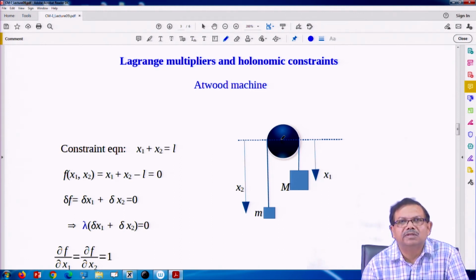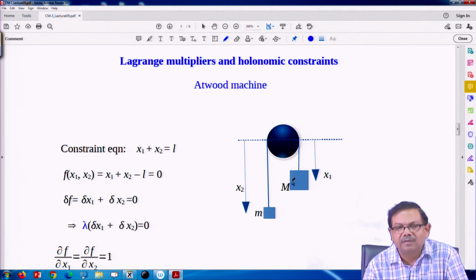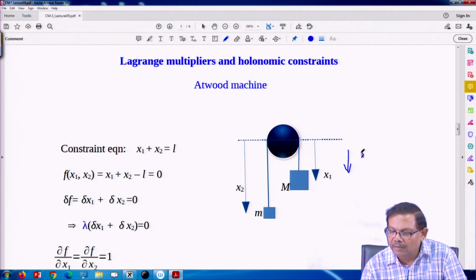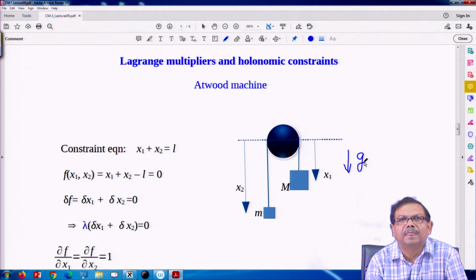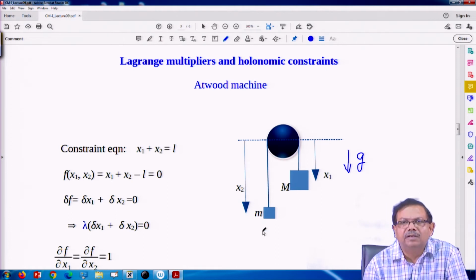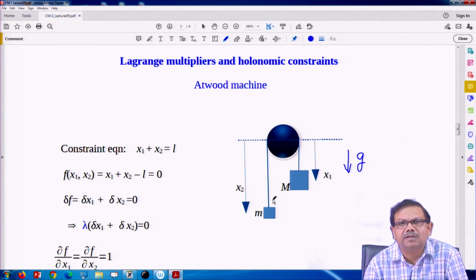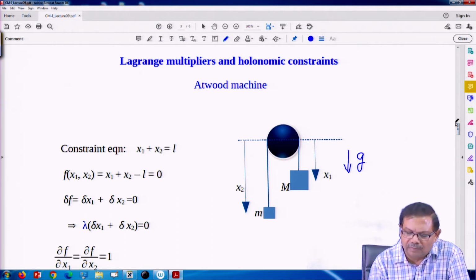If we leave it to do its dynamics, this mass and weight here is heavy, there is g acting vertically downward. So, there are weights here and it will start moving on the pulley. In this problem let us consider the pulley to be massless to make all calculations straightforward.